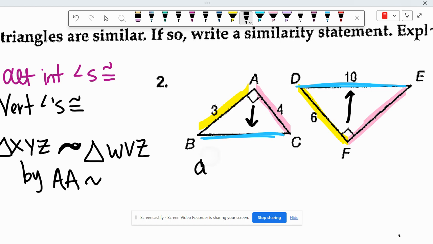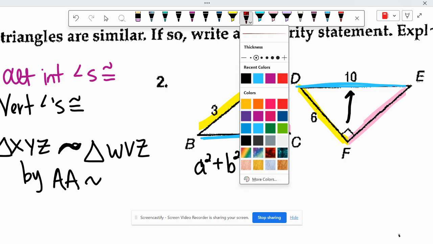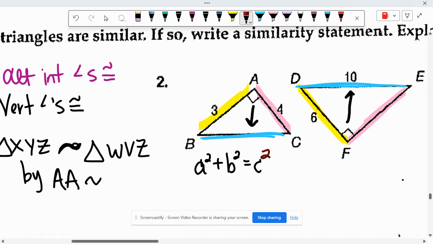Pythagorean theorem, a squared plus b squared equals c squared. So the Pythagorean theorem says that the square of the sides, 3 squared plus 4 squared, sums up to the square of the hypotenuse.